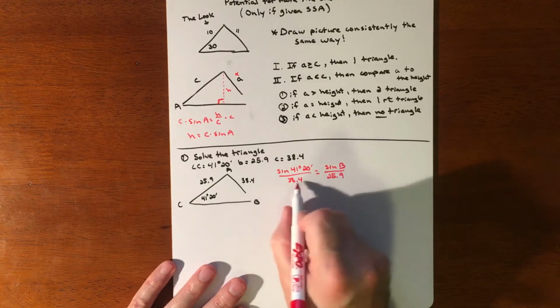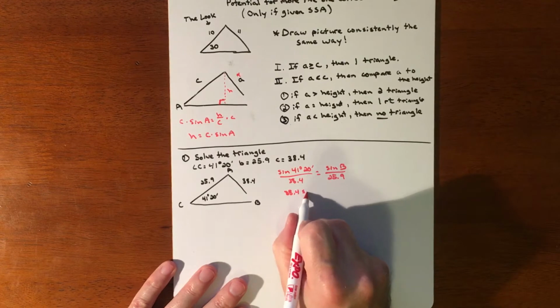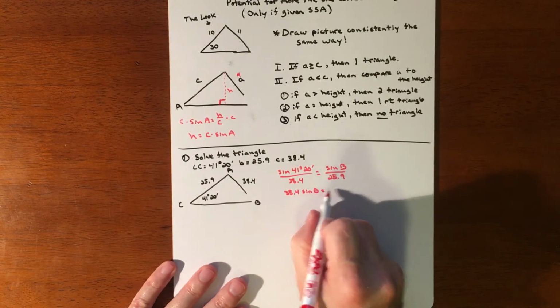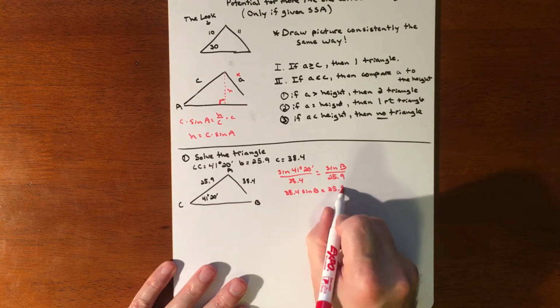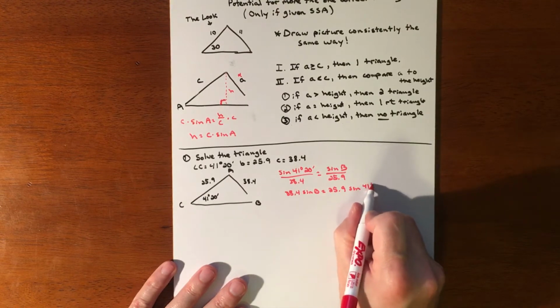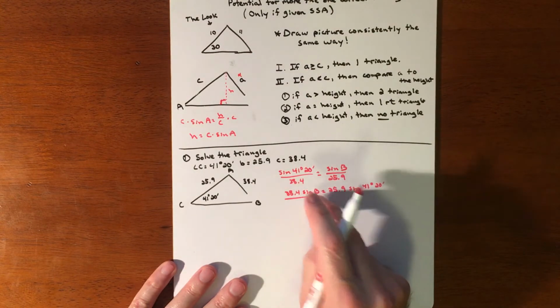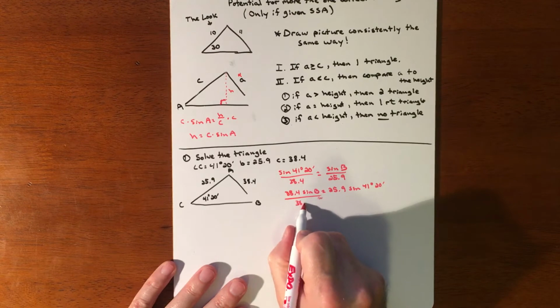Cross multiply, so we're going to have 38.4 sine of B equaling 25.9 sine of 41 degrees 20 minutes. We're going to divide by the 38.4.